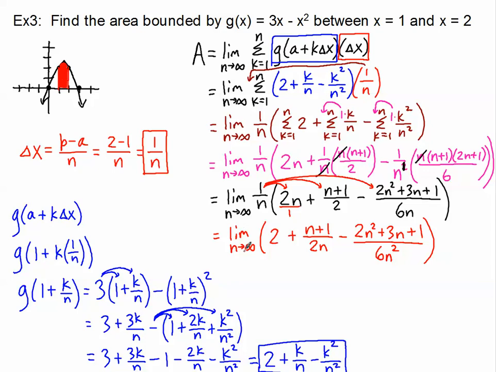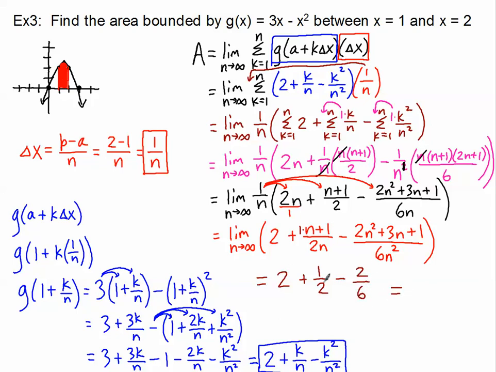The limit as n approaches infinity of each one of these individual things. I'm going to introduce my equal sign, and I'm not going to write my limit anymore. The limit of 2 is 2. The limit of this, because the degrees are exactly the same, would be our leading coefficient. I see 1/2 minus. And because the degrees are the same here, the limit of this would be 2/6. So let's see what we have here.